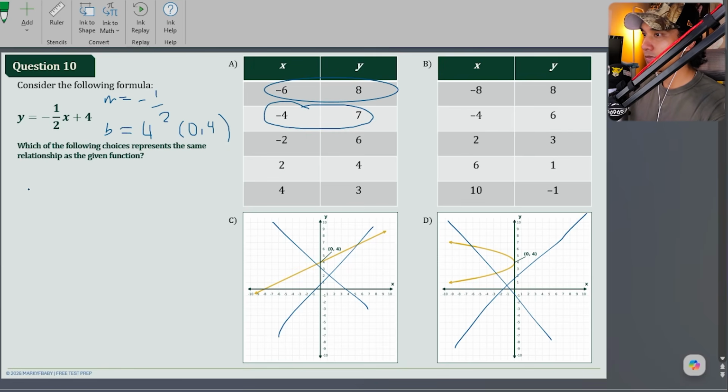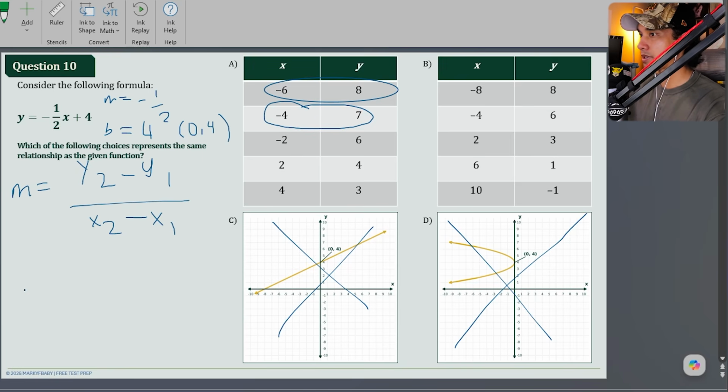That is going to give us our slope. So m is equal to, and this is the equation, y2 minus y1 over x2 minus x1. Well, let's go ahead and choose our numbers here, plug in our numbers here.